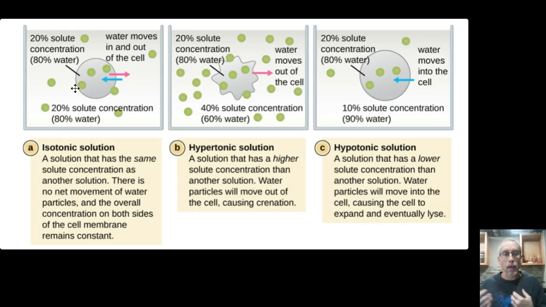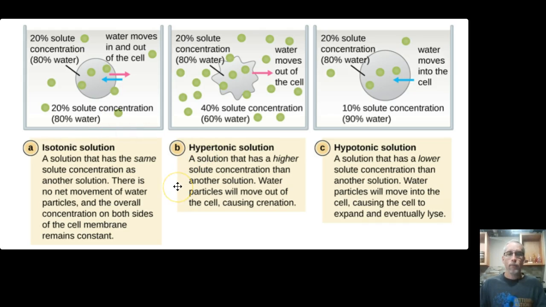Iso means the same, okay? The same concentration. So in this first figure here that I'm circling with my mouse, we don't need to worry about what the stuff is. We'll just call it a solute. So if there's 20% solute in the cell and there's also 20% solute in the solution around it, then there's no reason that water wants to move in or out because we already have everything in equilibrium.